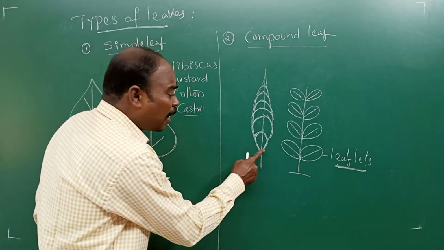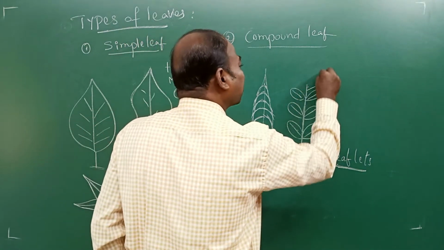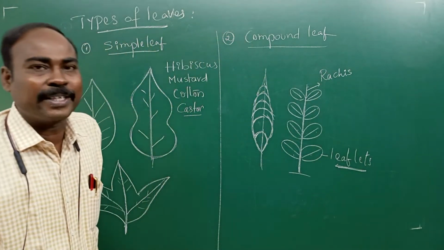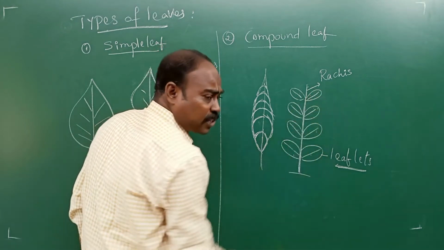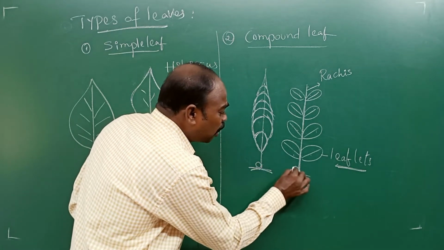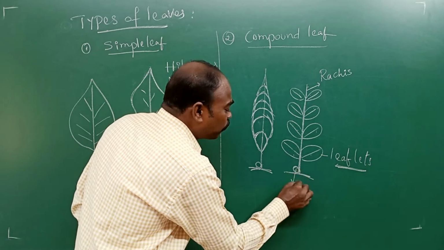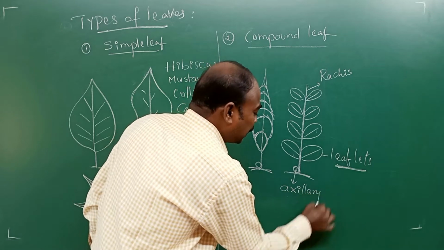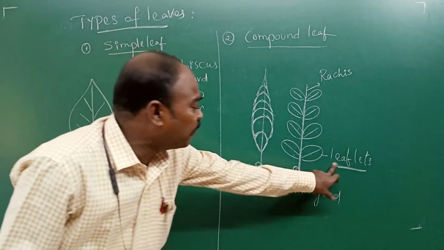These leaflets are formed on either side of the midrib. Now this midrib is otherwise called the rachis. So on either side of the rachis the leaflets are found. The axillary bud is found in the axil of the petiole or the axil of the compound leaf, but not in the axils of leaflets.